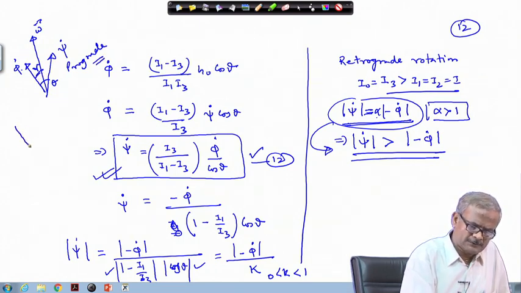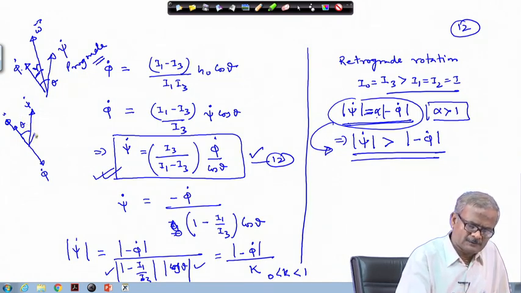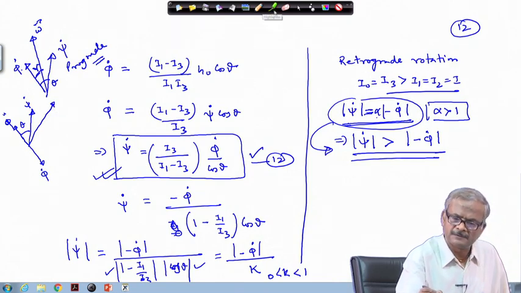And for the retrograde case, it turns out that phi dot will not be in this direction, but rather in the opposite direction, and psi dot will be here in this direction. This is the phi dot. Okay. So, if you have been indicating this as the theta angle, here in this case your omega will go along this direction.